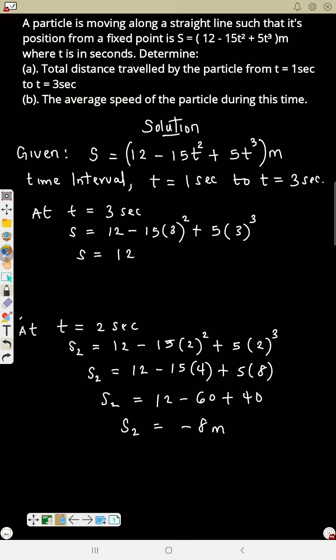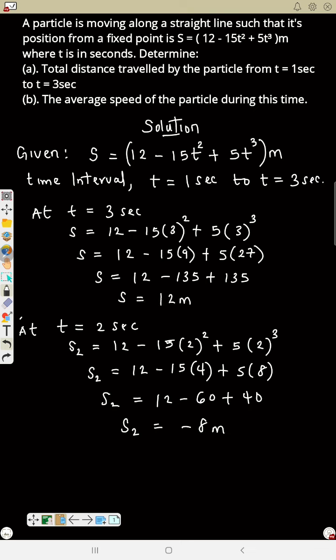So s = 12 - 15(9) + 5(27). So s = 12 - 135 + 135. So s = 12 meters.